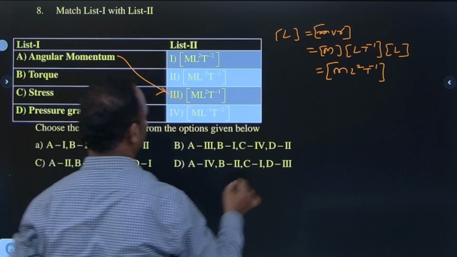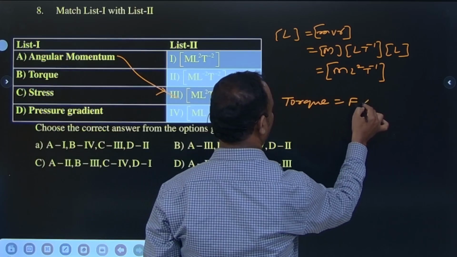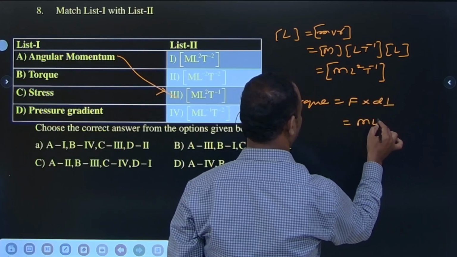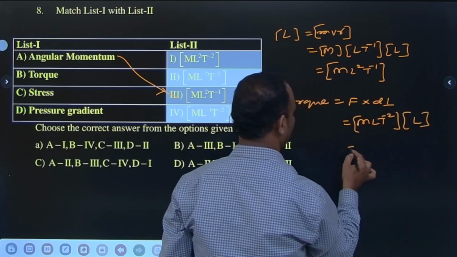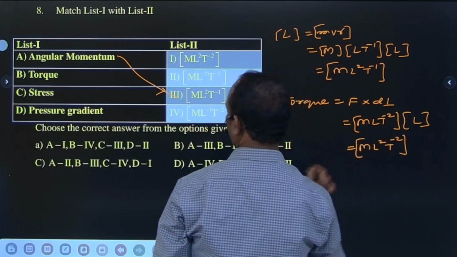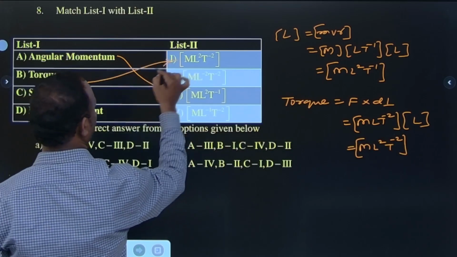Next one, torque. Torque is equal to force into perpendicular distance. Force is M L T minus 2, perpendicular distance is L. So we can write M L square T minus 2. So torque is M L square T minus 2.